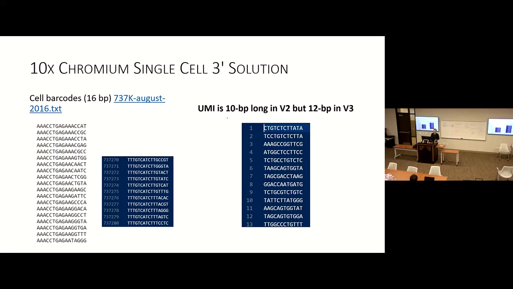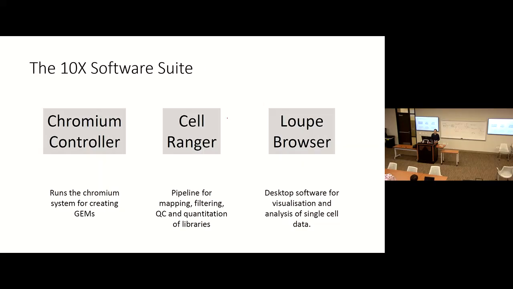Okay? So you have a controller, you have Cell Ranger. Now we use the cloud to run Cell Ranger, and then we don't need this, because we get the output from Cell Ranger and put it in our own MATLAB package. But if you want to use this, their output you can put in there as well.